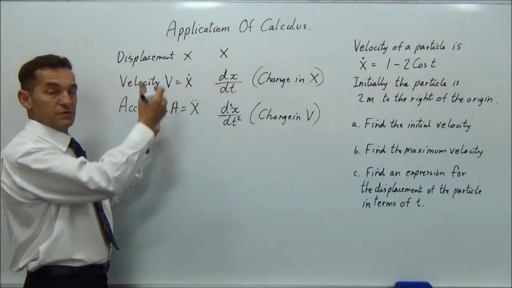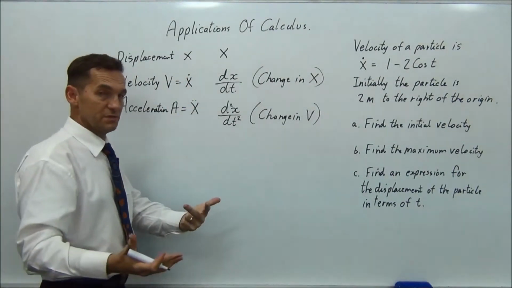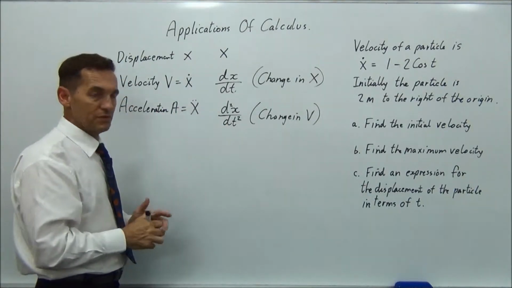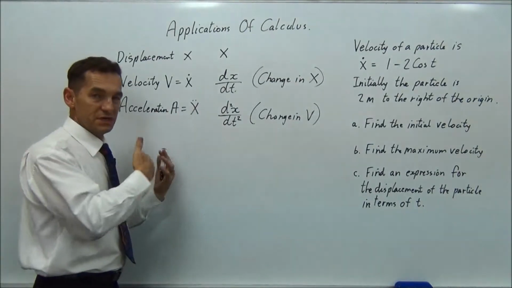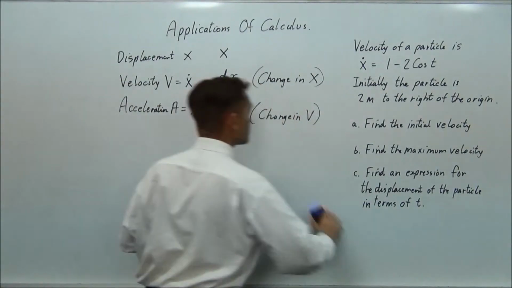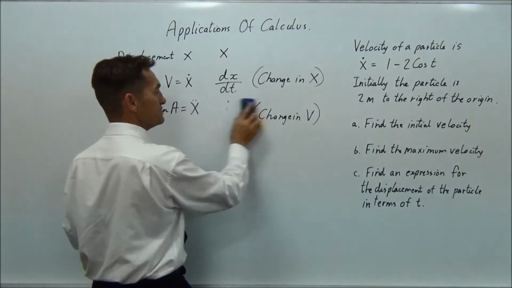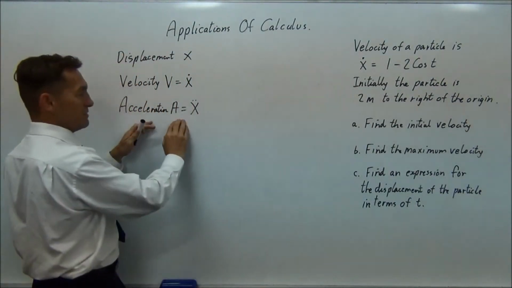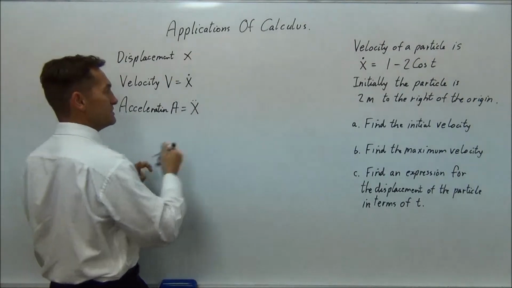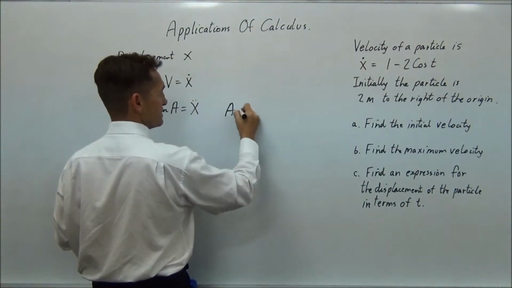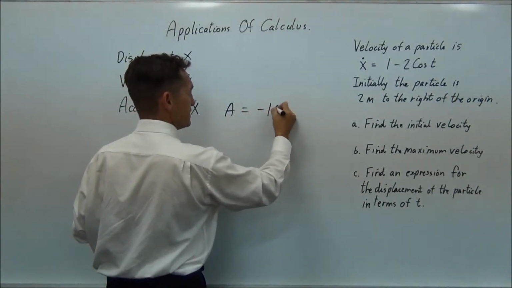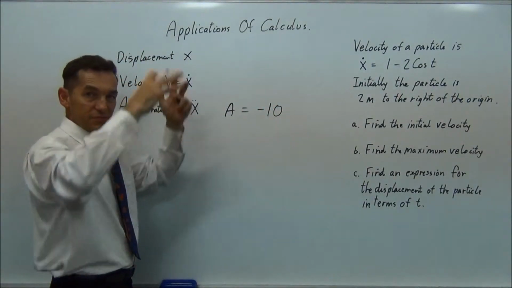If you go in reverse and someone gives you the acceleration, then to go backwards, it's exactly the same as what you've learned with differentiation and integration. So we're going from acceleration and we go upwards. Say acceleration equals, I don't know, minus 10. It's falling downwards.